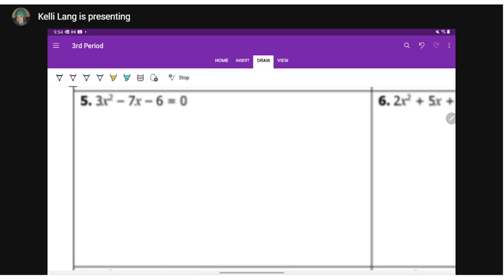Number 5 starts out with a 3x squared. So ideally, I should be able, well, I'm at least going to try to divide everything by 3 to see if it simplifies. But once I write that out and just take another look at my problem, I see that that's not going to work.